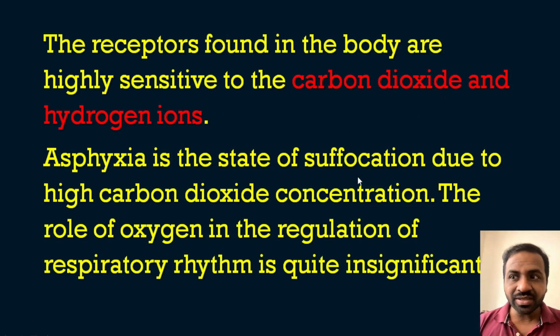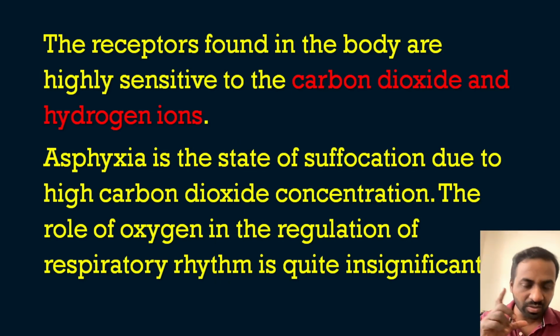So asphyxia is the state of suffocation due to high carbon dioxide concentration, and the role of oxygen in regulation of the respiratory rhythm is quite insignificant. Carbon dioxide is what sensitizes the brain to increase or decrease the respiratory rate. So the answer to our question is the high concentration of carbon dioxide.